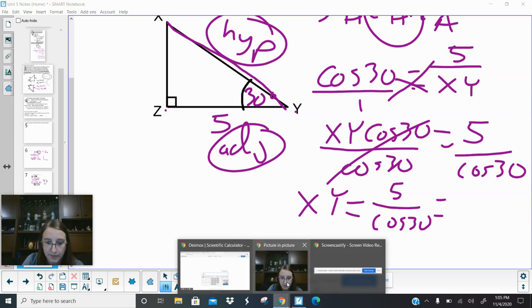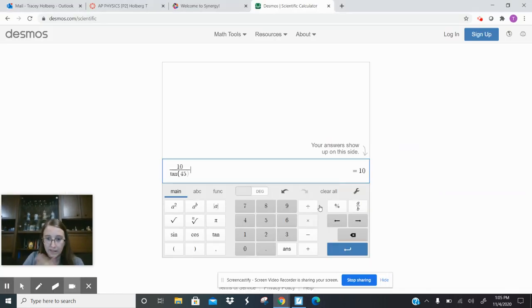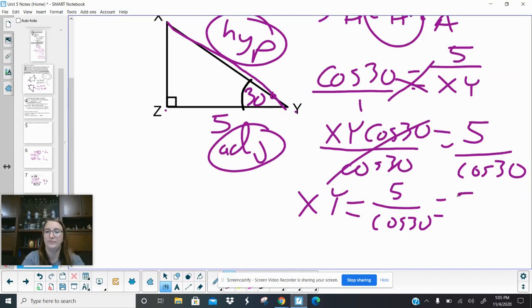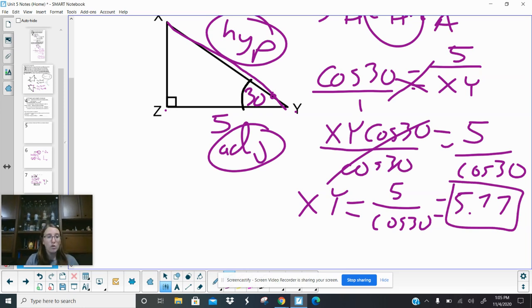So we got 5 divided by cosine 30. We get 5.77, we'll say, and there's our answer. So again, tomorrow we will practice this with the homework. You'll be doing it just like this, where you're only solving for one side at a time, and hopefully it's going to start to click.